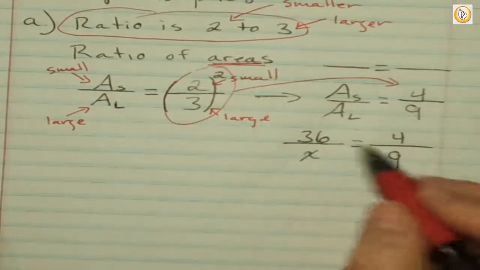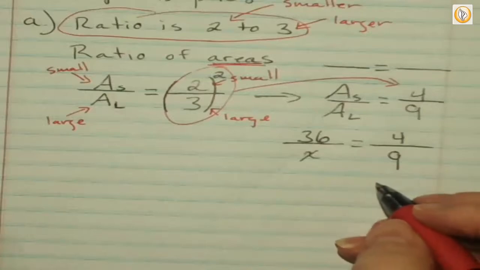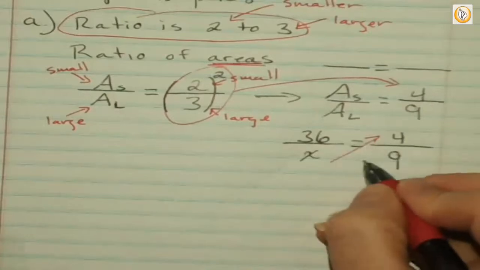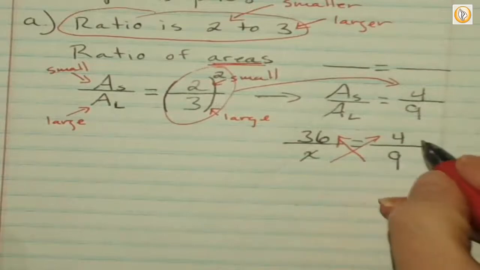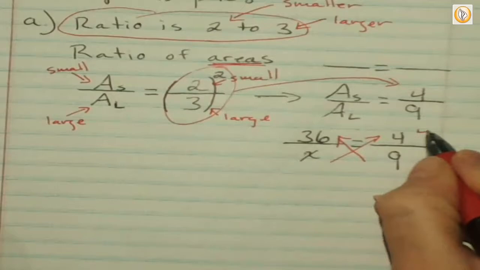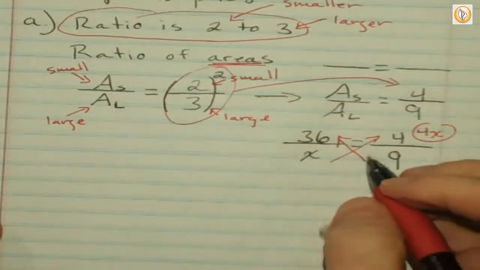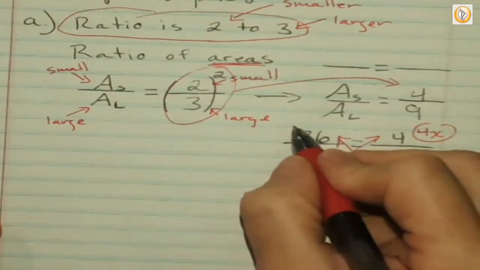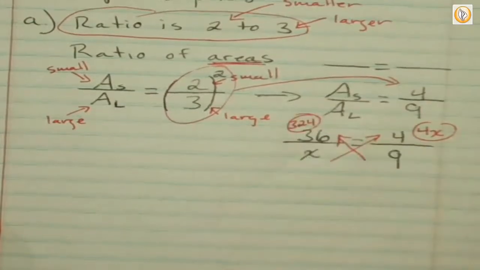So here's our new proportional. So Matthew, what do I do now? Cross multiply. That's right. X times 4 is what, Valeria? 9 times 36. Very good.